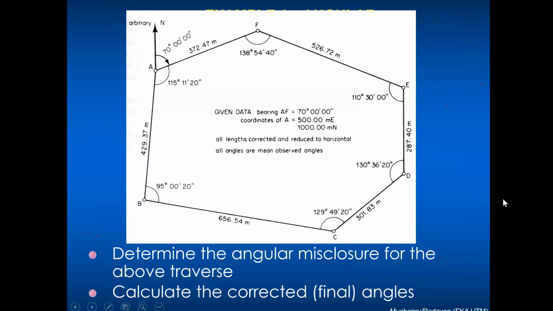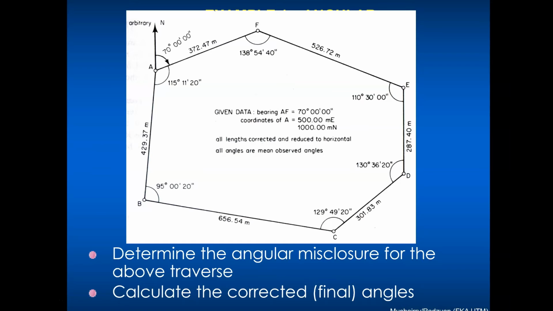A traverse that contains points A, B, C, D, F. We have 6 stations in there, and given the internal angles, which means that the work was done anti-clockwise.